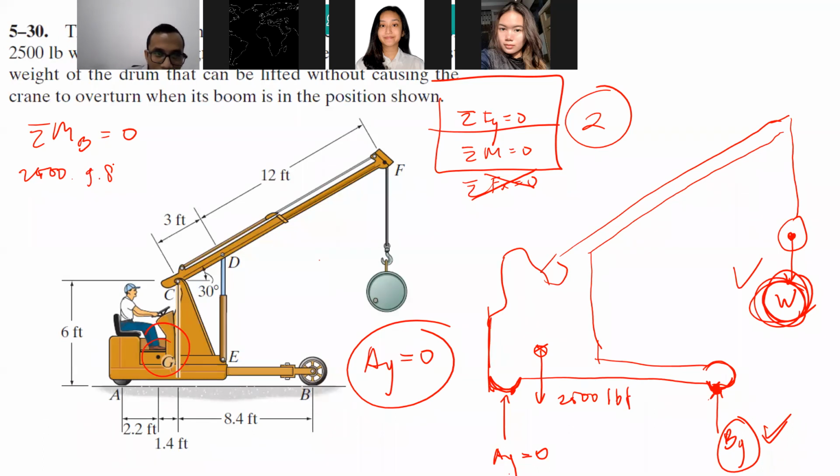Now the problem is you have to find out the horizontal distance there, from B to F. How to get there, Audrey? It's supposed to be minus W multiplied by that horizontal distance, right?